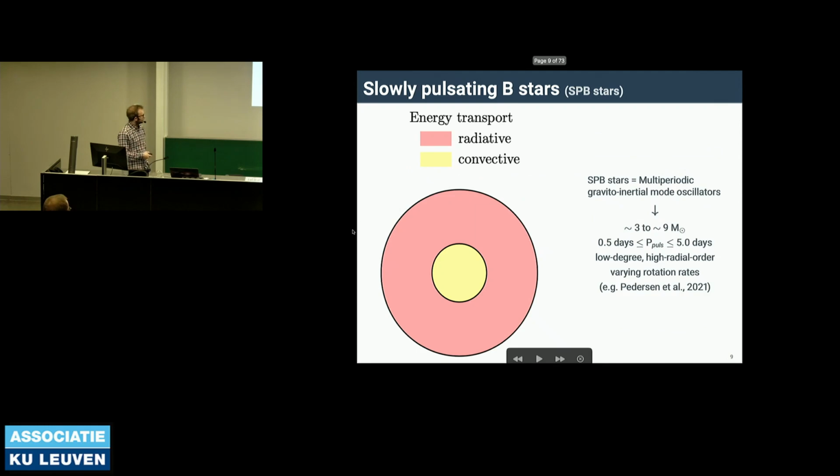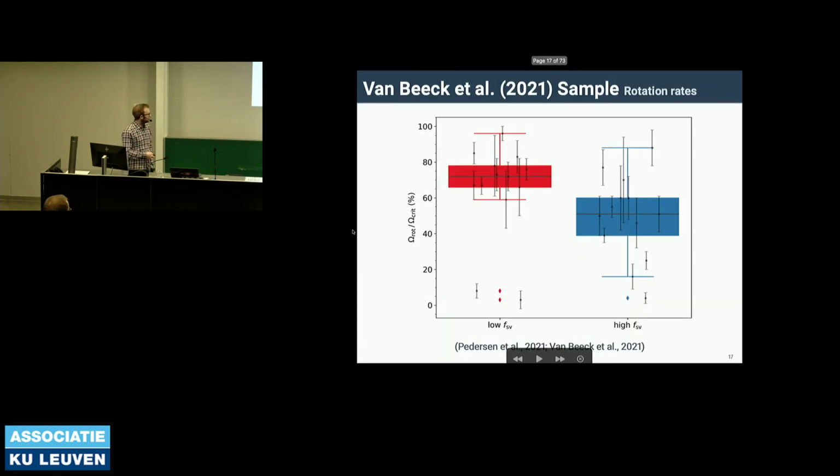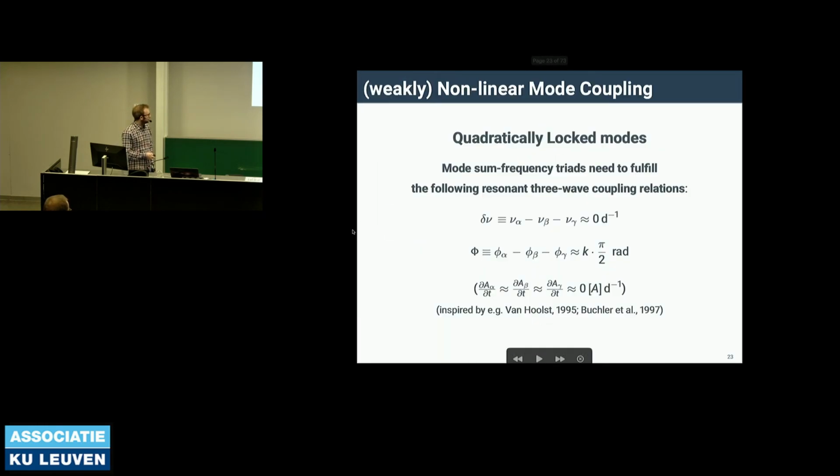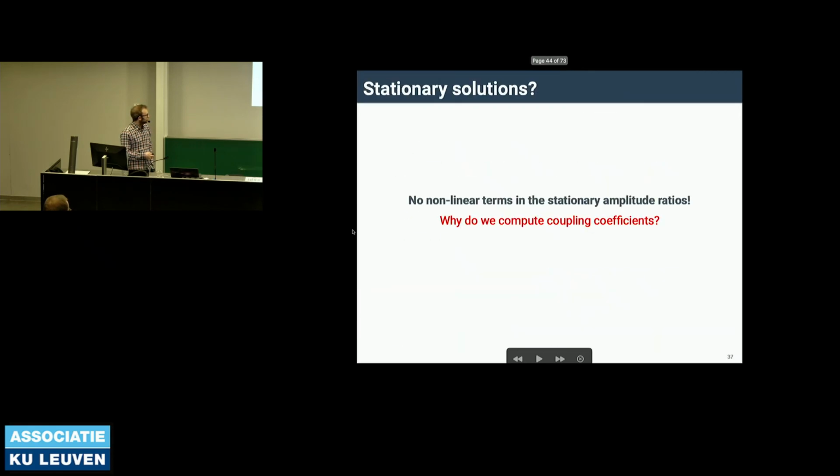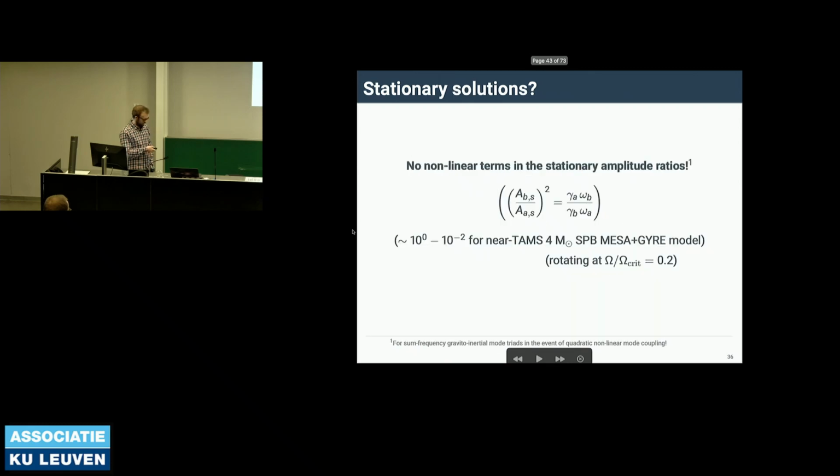What we did compute in Van Beeck et al. 2021 were different ratios, where we compute basically the ratio of the amplitude of mode A divided by modes B and C, because that was a specific factor that was given in literature back then.